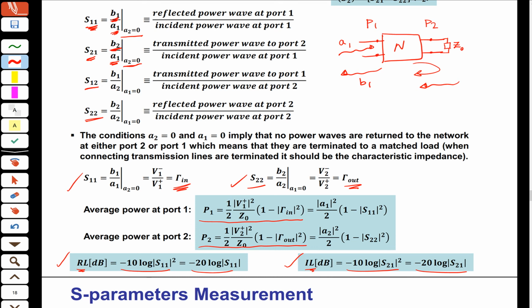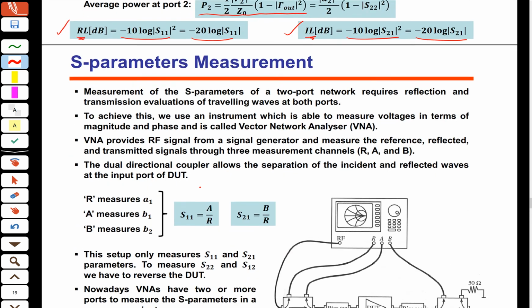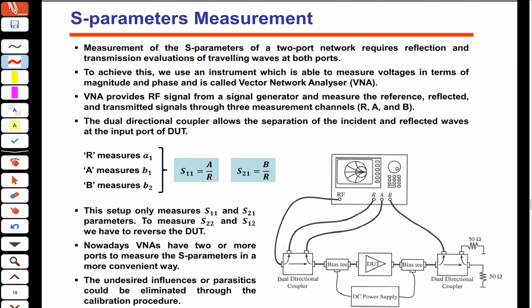So the way that we measure the S parameters, we are using VNA, vector network analyzers, to measure the S parameters. So we have a transmitter and we call it RF. So we are transmitting a signal from here, and I want to measure the S parameters of this device, which is the device under test.